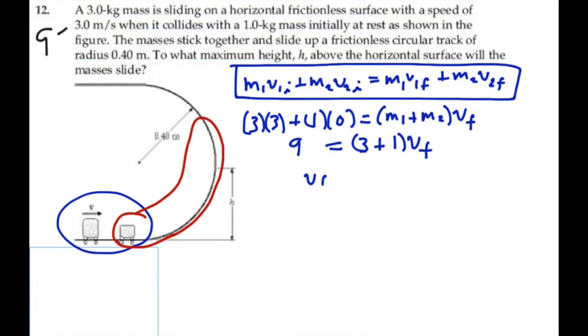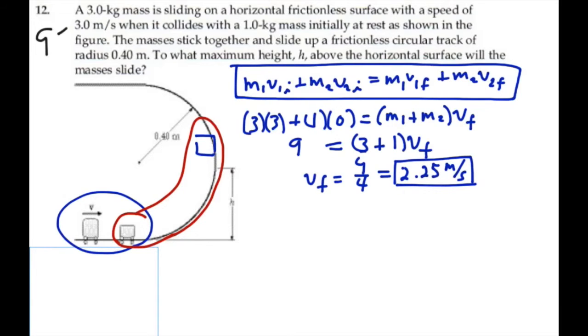Or V final is going to be 9 divided by 4, which would be 2.25 meters per second. Nice to know. I've always wanted to know that. But we want to find how far these two masses stuck together will go.